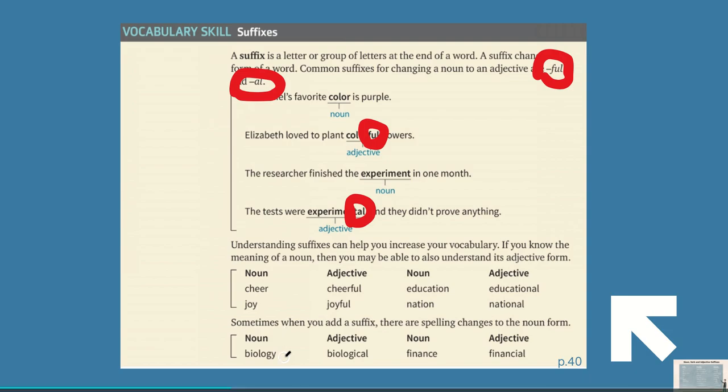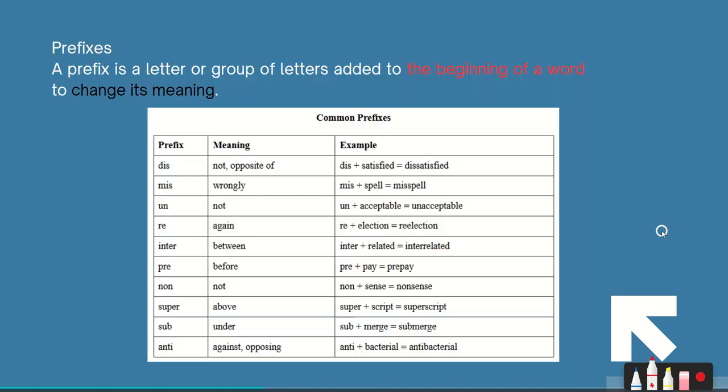For example, biology. Biology is a noun. Biological is an adjective. Finance, financial. All right, adjective. Okay, and I have some other examples for you.